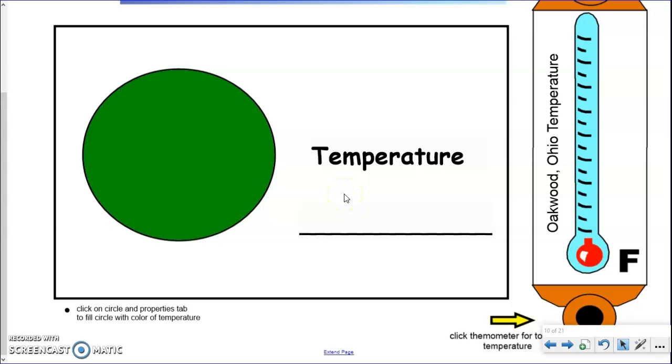All right, 64 is a little bit warmer than it was yesterday early on in the morning, so it might get even warmer. 64 degrees Fahrenheit.